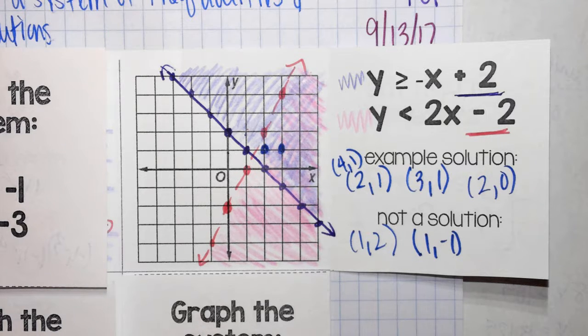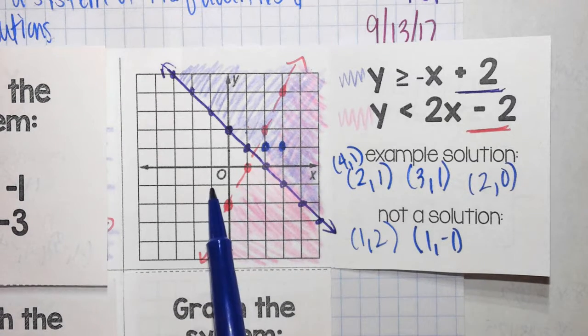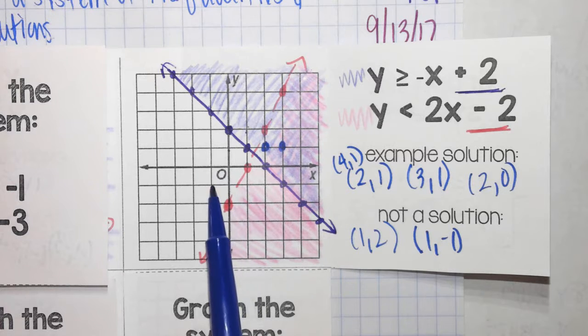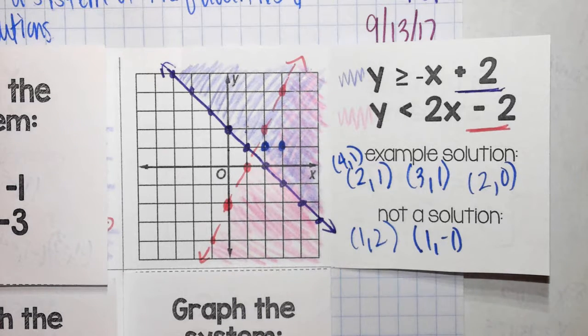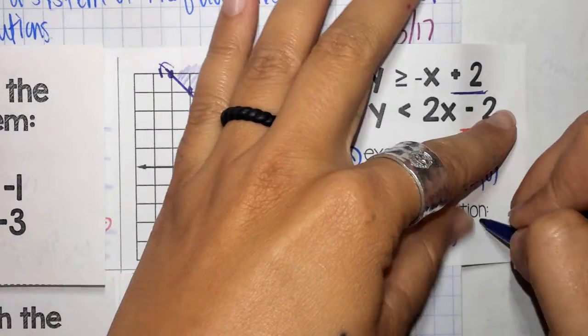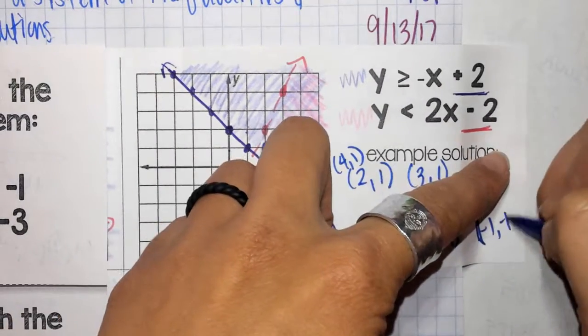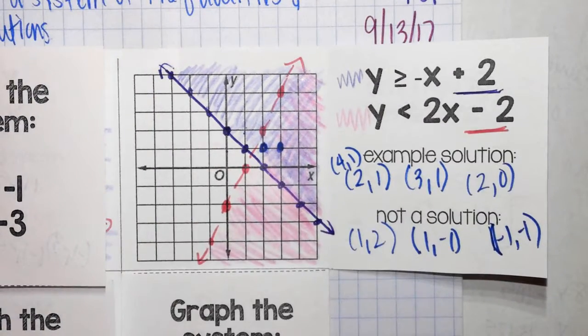Can you tell me what this point is right here? Negative 1. Yes, take a point. All right, so those are not solutions. Natalie, do you agree with us or disagree with us?